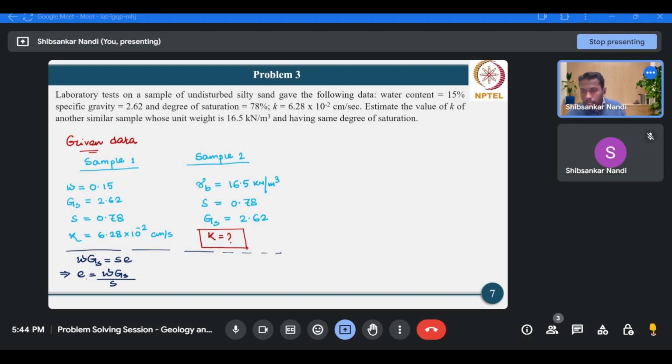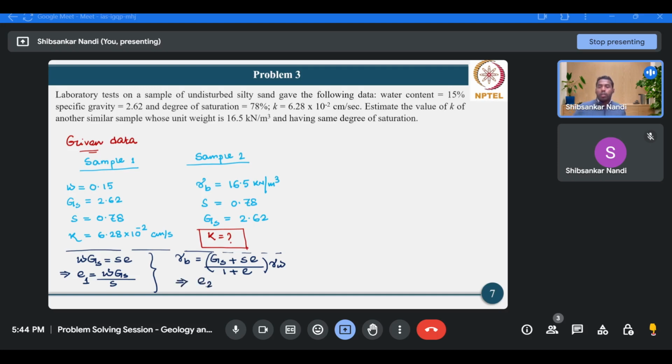So this is e1. Again, gamma B, the bulk unit weight, the expression is (Gs plus Se) divided by (1 plus e) multiplied by gamma w. So you know Gs, you know S, you know gamma B, you know gamma w. So again you can determine the e2 value.